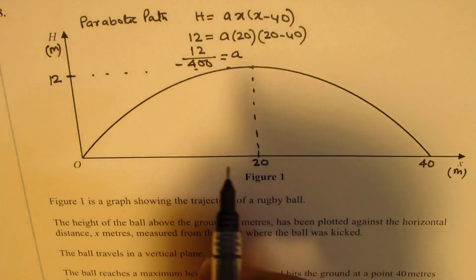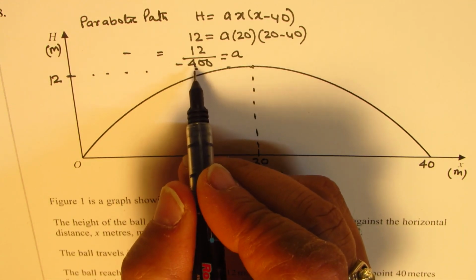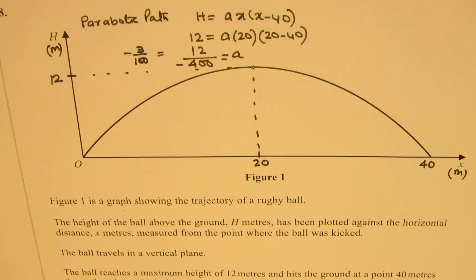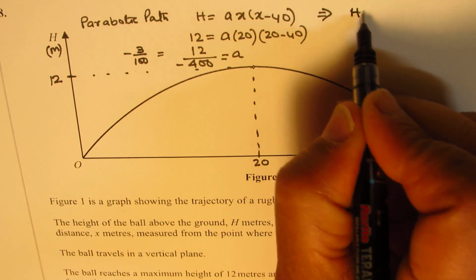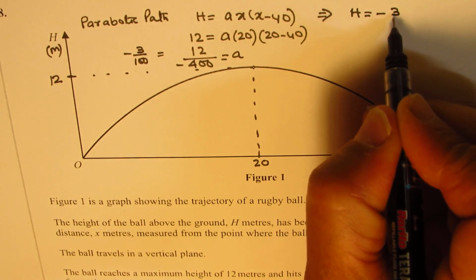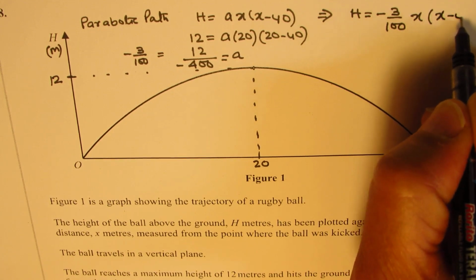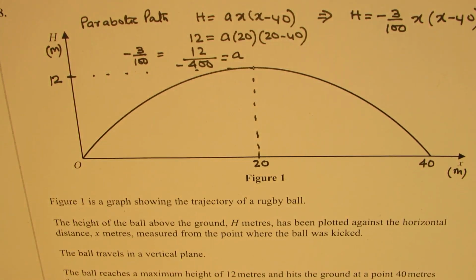You could simplify this by dividing both by 4, which gives us negative 3 over 100. So our equation can now be written as h equals minus 3 over 100 times x times x minus 40. Clear? That is how we can relate height with the distance x.